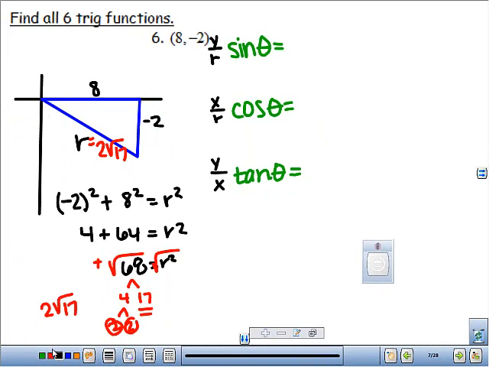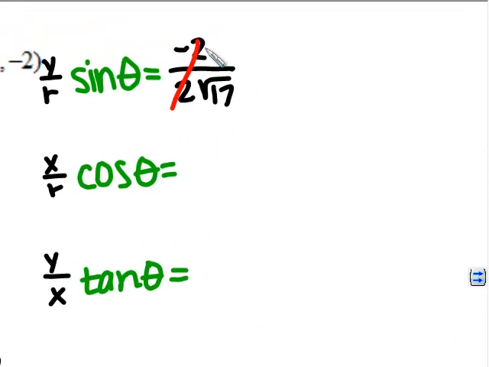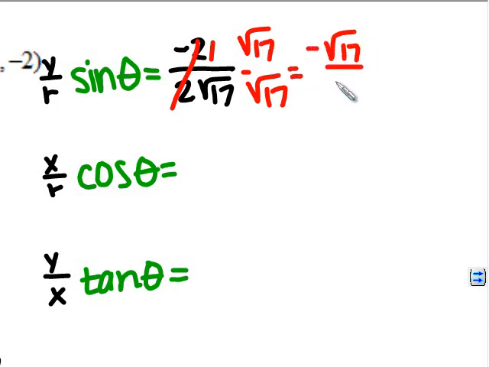Our r is 2 square root of 17. This is another one you're going to have to rationalize again. Again, the constants in the numerator and denominator are the same, so I can cancel them. It's just going to be a -1. But I'm going to multiply by square root of 17. So I have negative square root of 17 over 17.